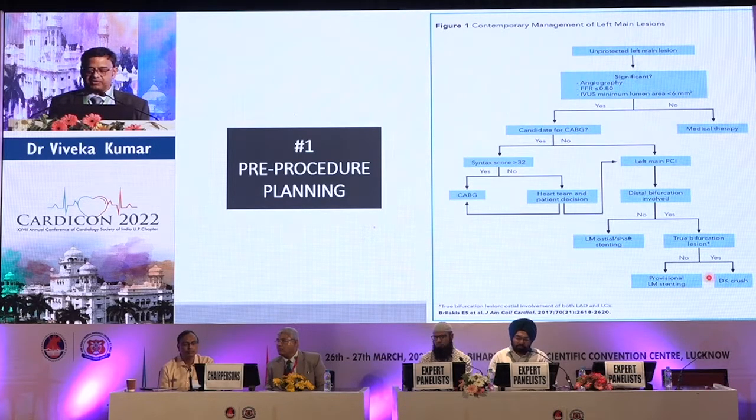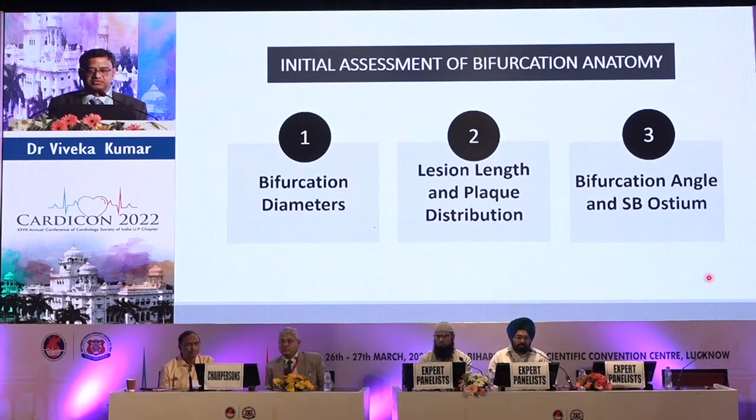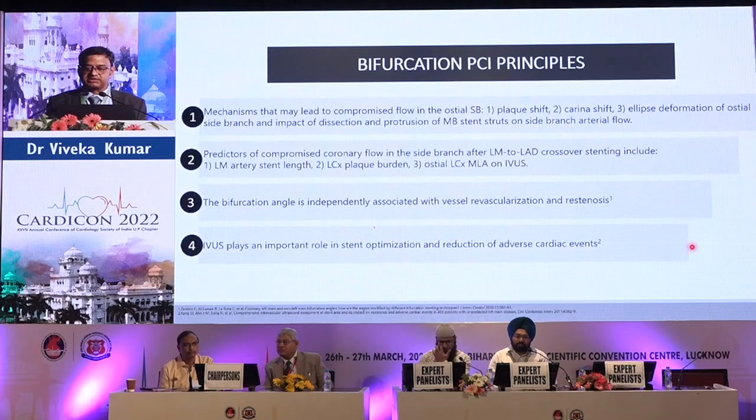For complex bifurcation and trifurcation, if all the branches are of bigger size, then surgical intervention would be a good choice. When we assess a bifurcation, we should always look at the anatomy: the diameters of the vessels, where the lesion and plaque distribution is, and the bifurcation angle is also very important, and the side branch ostium.